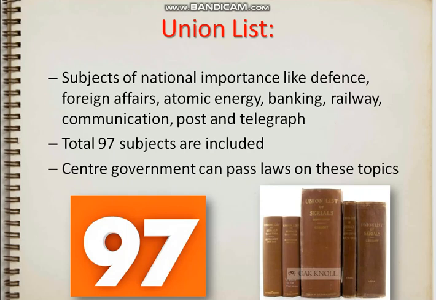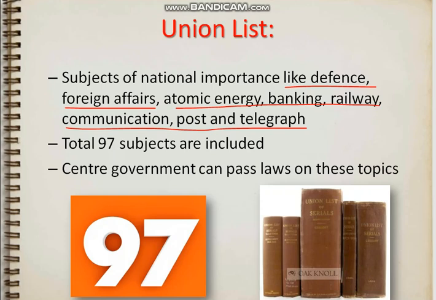Now the union list: subjects of national importance like defense, foreign affairs, atomic energy. Okay, you need to remember: defense, foreign affairs, atomic energy, banking, railway, communication, post and telegram, all are included in the union list.